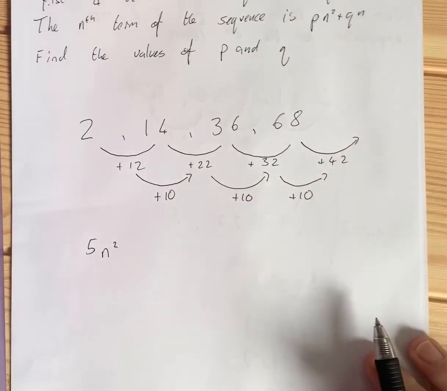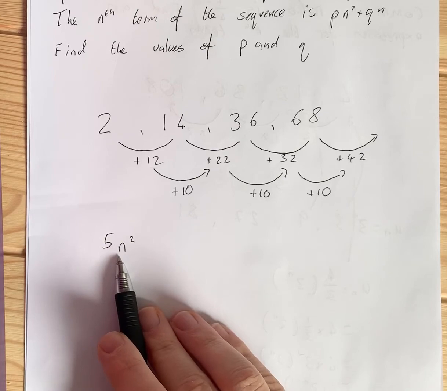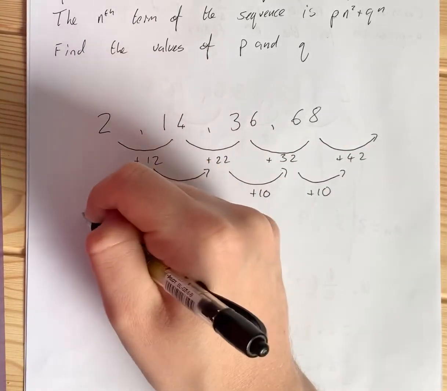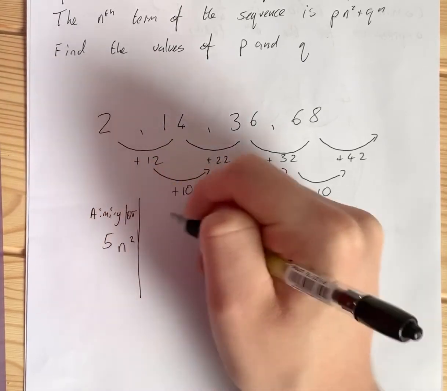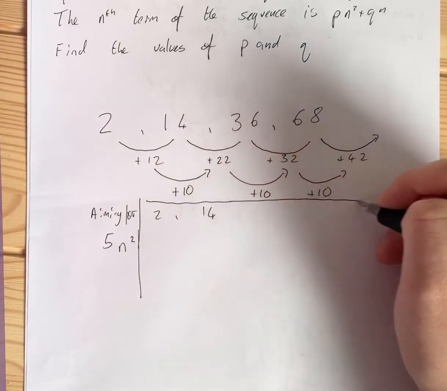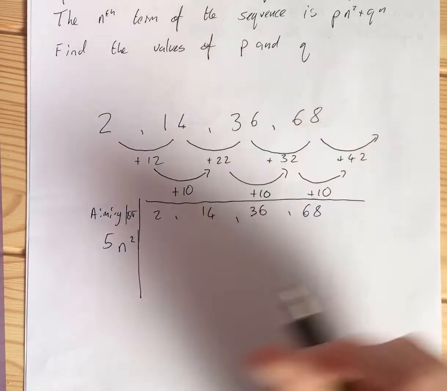Let's write out what 5n squared would actually look like as a sequence. We're aiming for 2, 14, 36, 68. Let's see what we actually get.